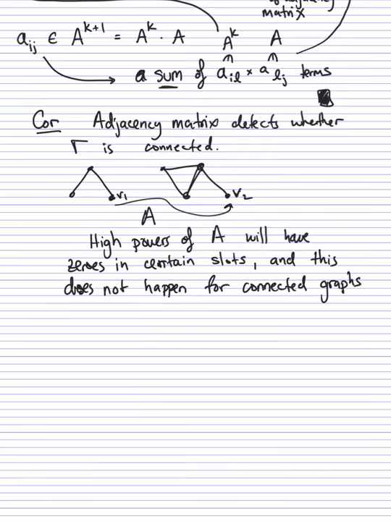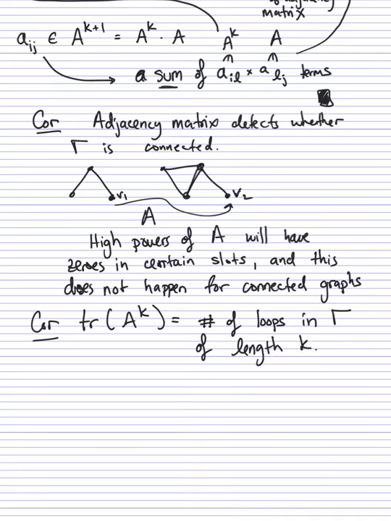Okay, so another corollary, just a special case, is that the trace of the matrix A to the k is just equal to the number of loops in gamma of length k.